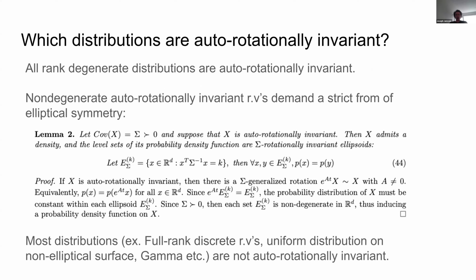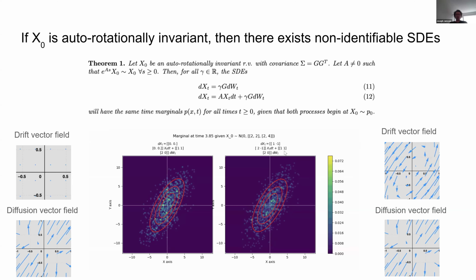It turns out this class of distributions that are autorotationally invariant is quite small. If you have a rank degenerate distribution, like 2 Diracs in 3-dimensional space, then it's autorotationally invariant, and also Gaussians. But there are not many more cases where we see these autorotationally invariant distributions.